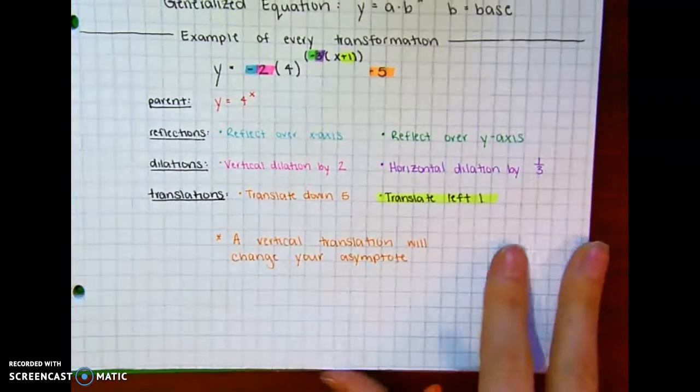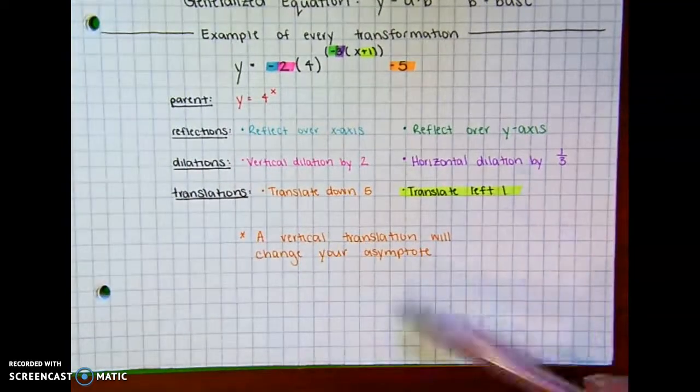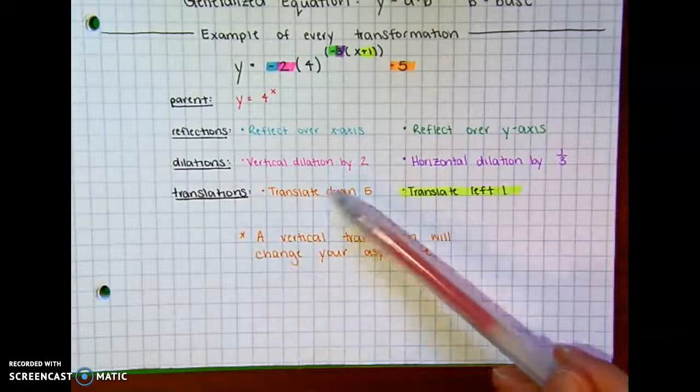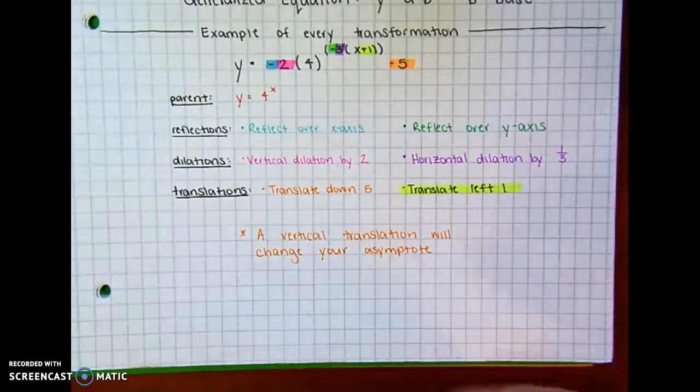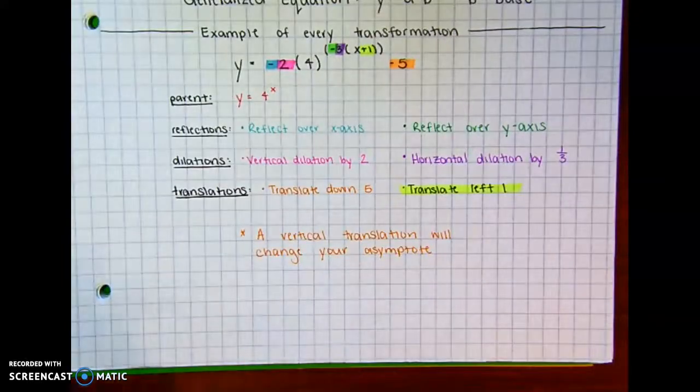And that's really similar to the rational functions that we had, right? Translating up or down always moves your horizontal asymptote. And we only have a horizontal asymptote for this function, so it makes sense.